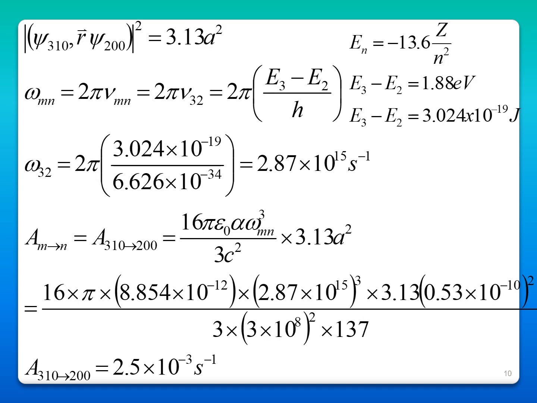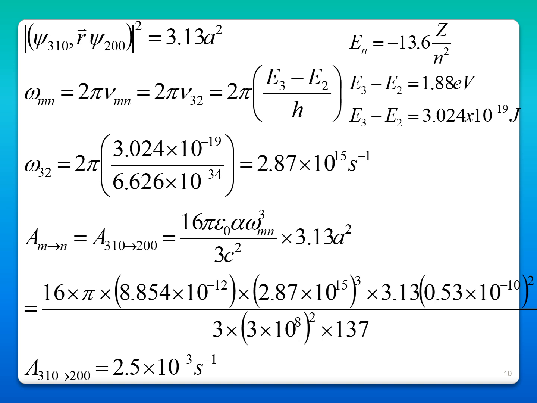Now you need its square. The square of the expectation value of r is 3.13 into a squared. The angular frequency omega is equal to 2 pi nu mn. Here n and m are 3 and 2, so nu 32 is E3 minus E2 divided by h.